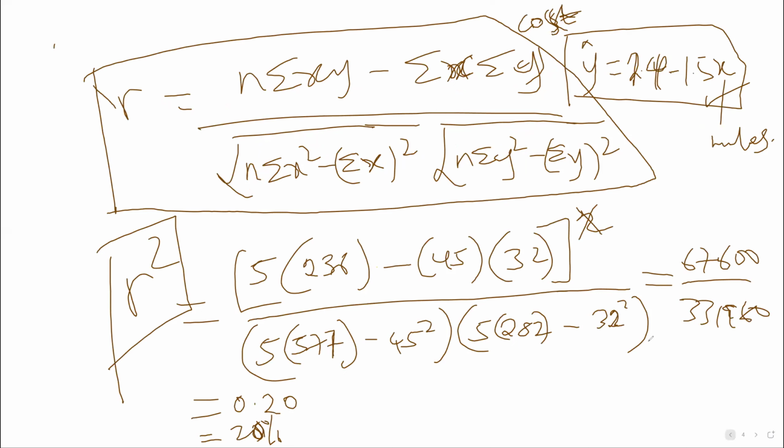This is the correlation coefficient, and this is the coefficient of determination. But you told us if we square our correlation, we get our coefficient of determination. Yes, but vice versa is difficult unless you know the sign of the beta.